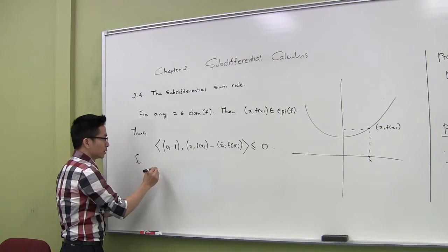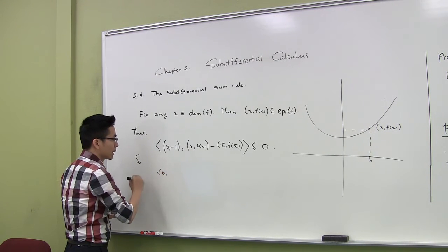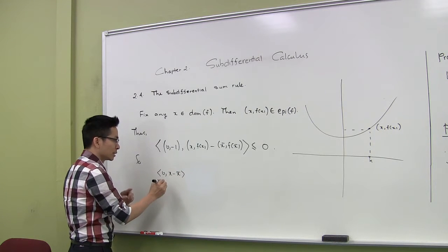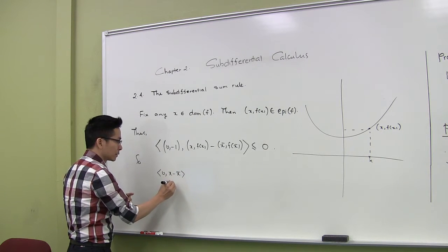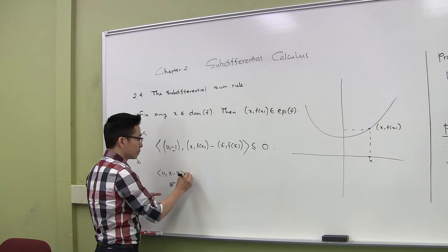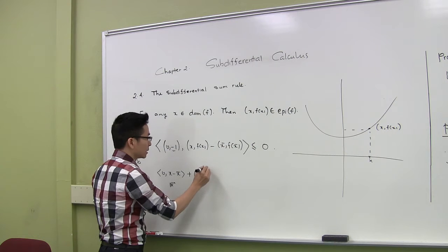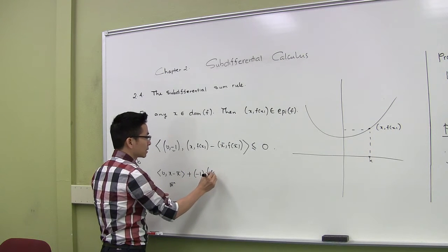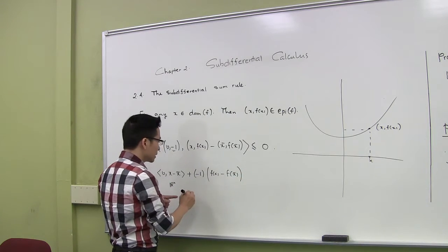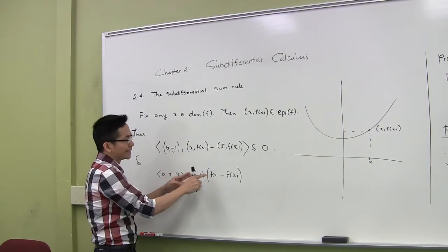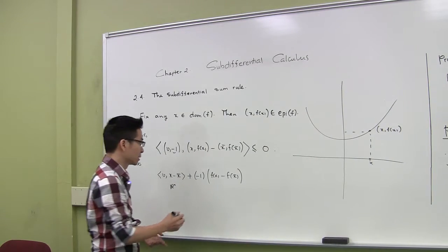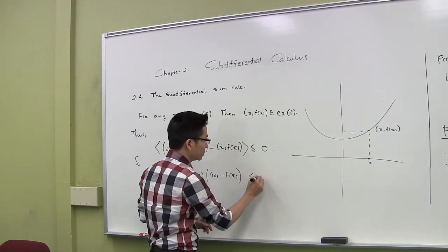The inner product of v and x minus x bar, this is the inner product in R^n, plus (-1) times f(x) minus f(x bar). This is the inner product in R, so it's the same as the usual product. So this is less than or equal to 0.